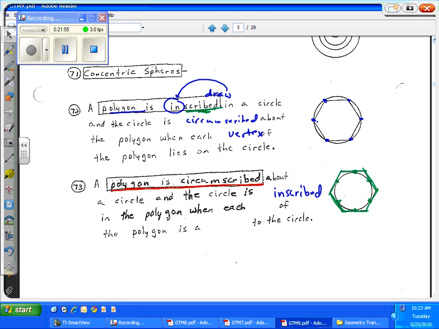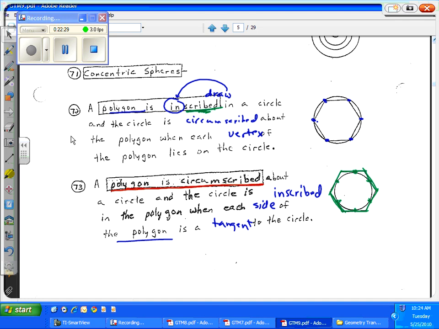A polygon is said to be circumscribed about a circle, and the circle is inscribed in the polygon, when each side of the polygon is a tangent to the circle.